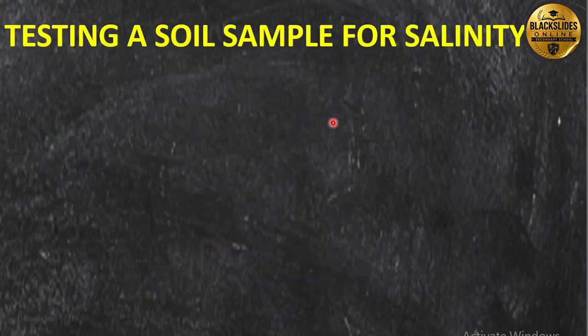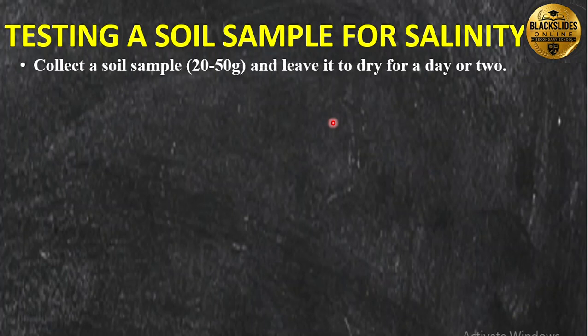How can you determine if a soil is saline or salty? You'll be required to describe this in an exam. Describe an experiment that could be done to test a soil sample for salinity. So you collect a soil sample, about 20 to 50 grams, and let it dry for a day or two.